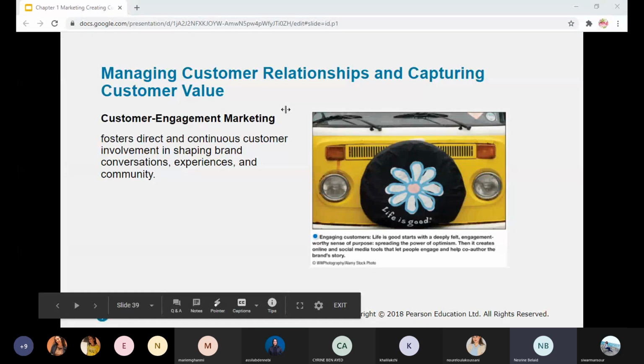So today's consumers are better informed and more connected, more empowered than ever before. Okay, so when you have a comment or something you want to say about the product to the company, it's easy to access their Instagram page or Facebook page and so on.